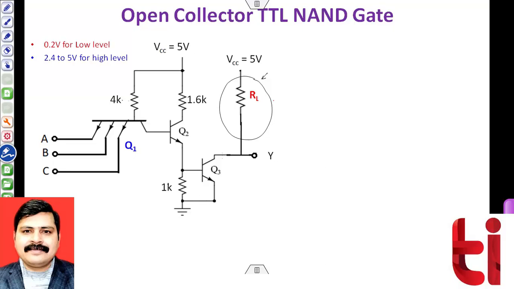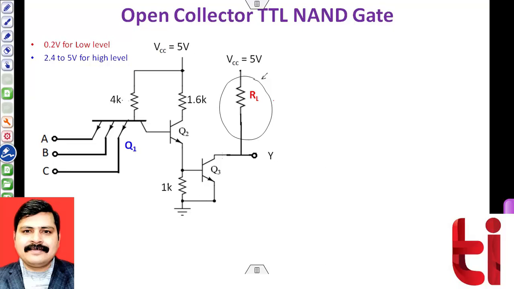Now let us see the various levels for logic 0 and logic 1. Logic 0 is also termed as the low level. So 0 to 0.2 volt is specified for the TTL logic family for low level, and the 2.4 to 5 volt range is specified for the high level or logic 1.